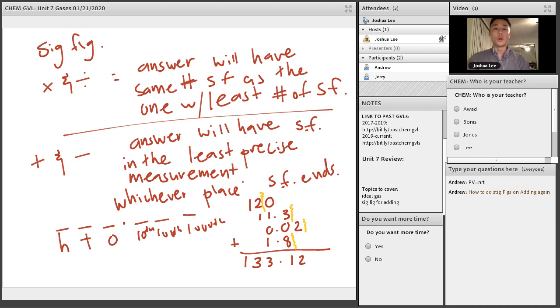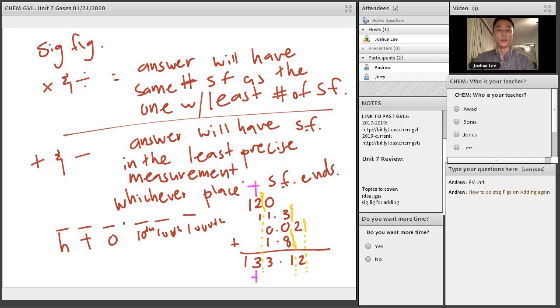So if we looked at where all of these numbers would end, the one that is the least precise, which is basically where it ends first, in this case is the 120. Since the 120 ends in the tens place, we only care up until the tens place.